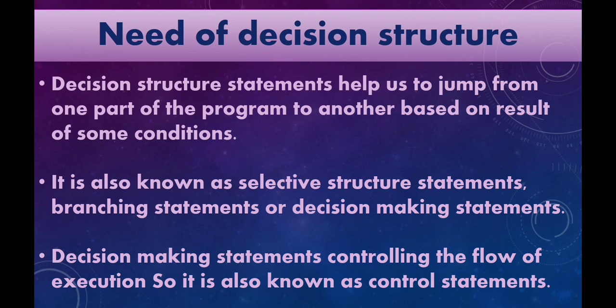We want to check whether the student is pass or not. How can we check that? Based on the percentage. If the student percentage is greater than or equal to 40, then we can say the student is pass. So what is the condition here?